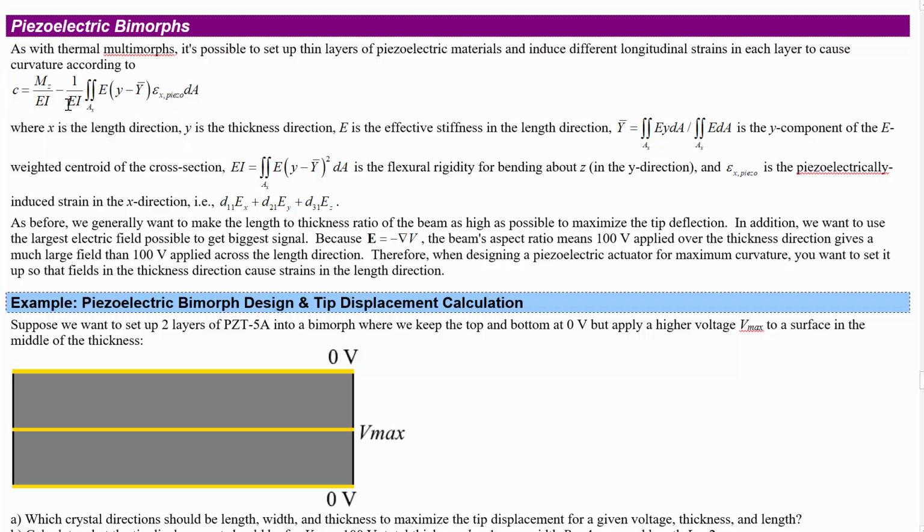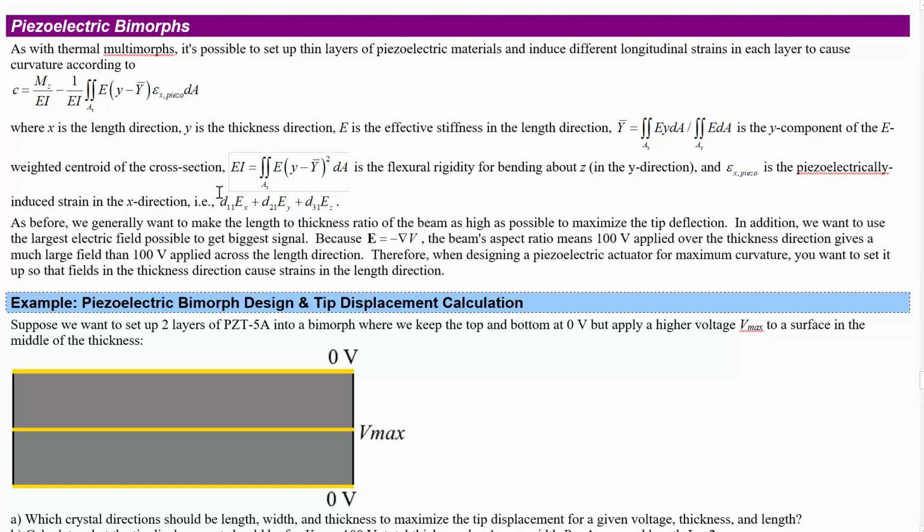You use the E, the stiffness, in the length direction, the effective stiffness in the length direction given what's going on in the other directions. This is if the beam is thin in y and we're looking at the bending in the y direction, which shows up as a result of this perhaps different piezoelectric expansion at different positions in y.